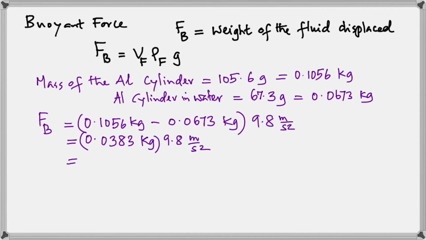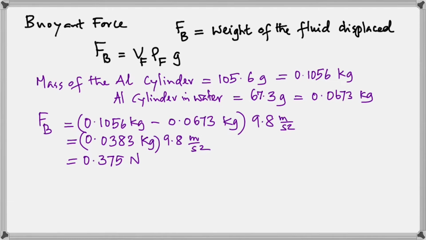So when you do that, you get 0.375 newtons. Isn't the number small? Yeah, because the aluminum cylinder was small. Translate this to a ship in the ocean.